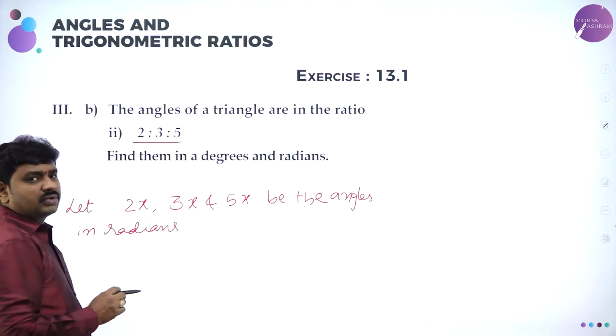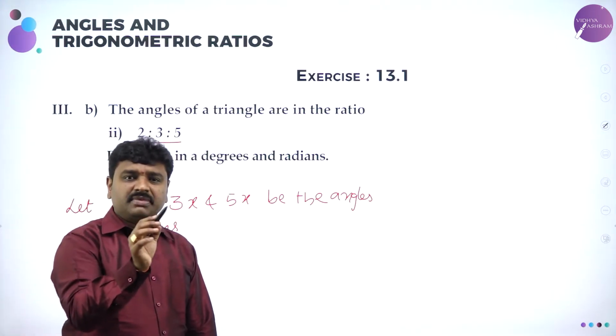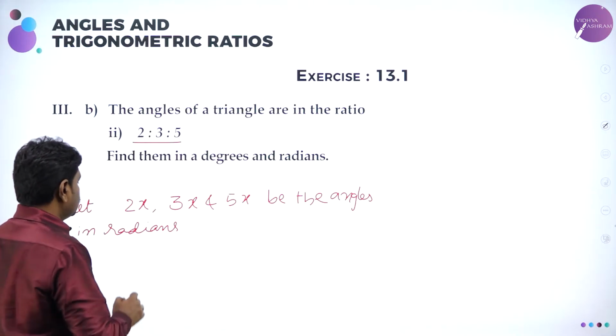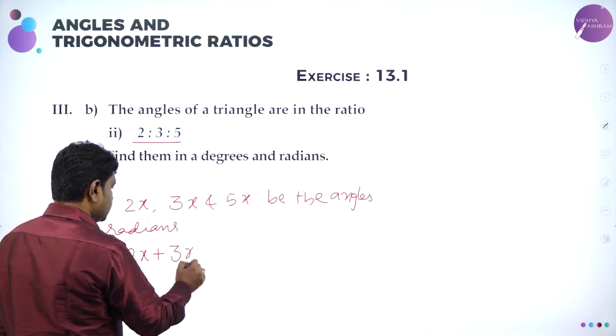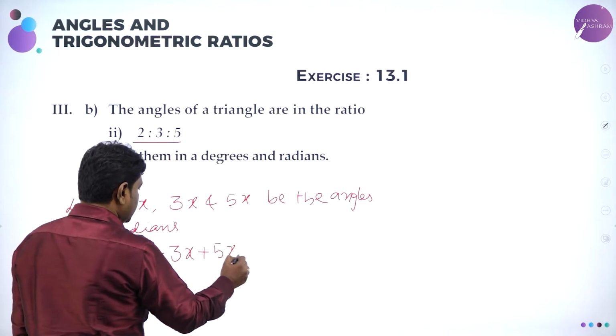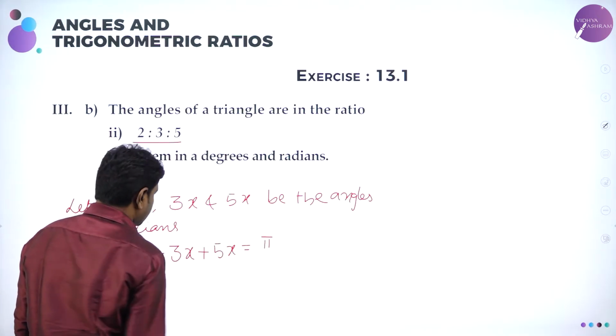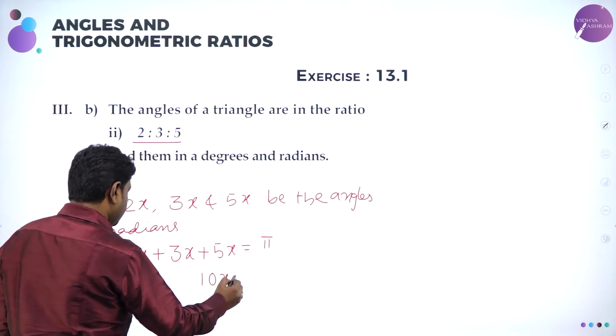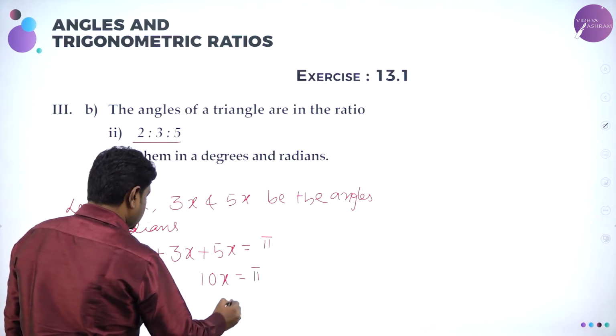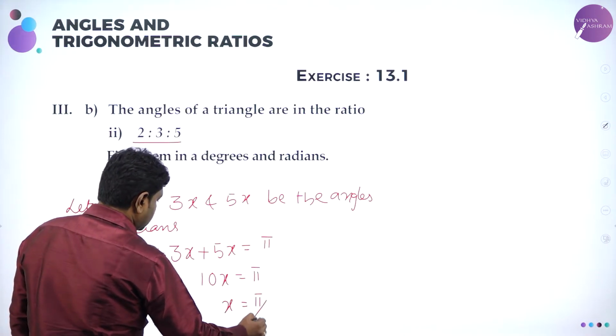So we know what is the basic in any triangle: the sum of the angles is 180. So 2x plus 3x plus 5x, if you add, it should be pi radians. 2 plus 3 is 5, 5 plus 5 is 10. 10x is pi radians. So what is x? Pi by 10. You got the x value.